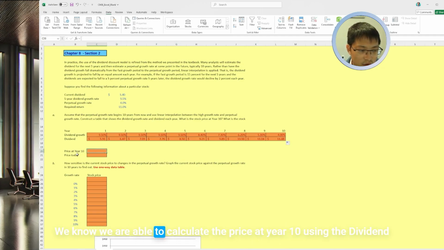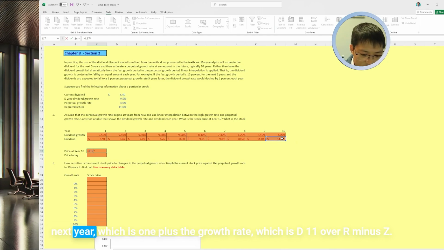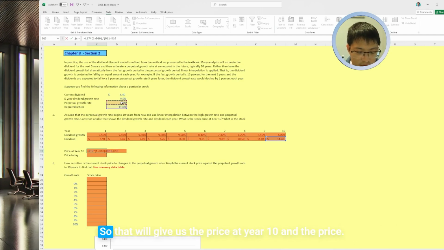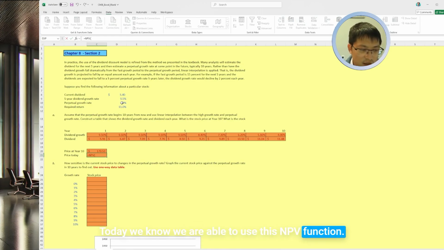Now we have to calculate the price at year 10 using the dividend next year, which is D11. Fine. That gives us the price at year 10. For the price today, we are able to use this NPV function.